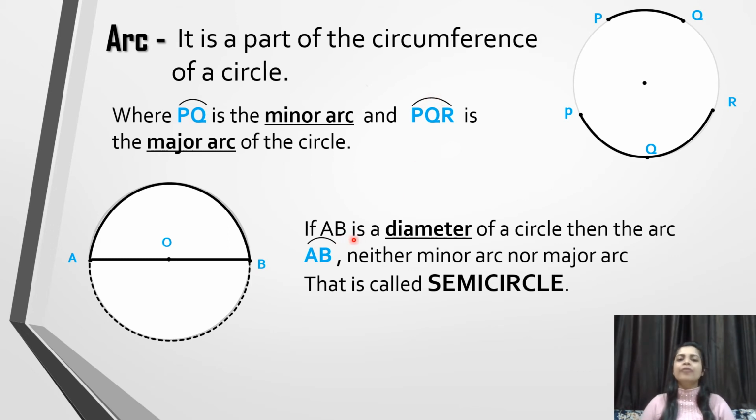Now, if AB is a diameter of a circle and AB is also an arc of the circle, then this arc is neither minor nor major. Then what is this shape called? This shape is called a semicircle. Semicircle is nothing but half of a circle.